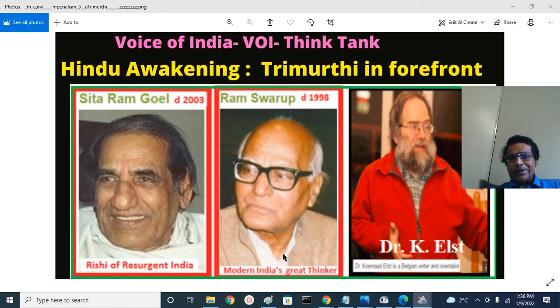The scholars are Mahayogi Sri Ram Swarup, India's greatest thinker, Sitaram Goel, an intellectual Kshatriya of modern times, and the Indologist from Belgium, Dr. Koenraad Elst.